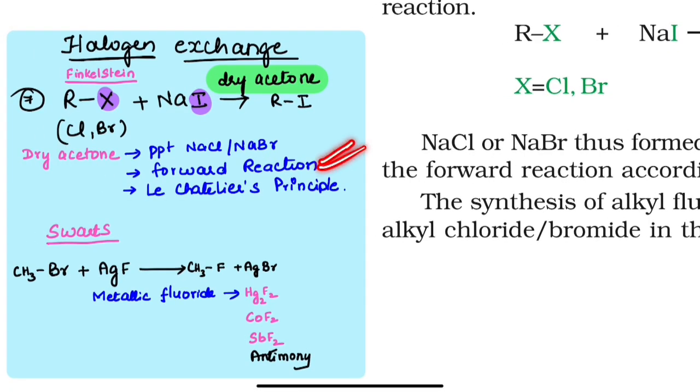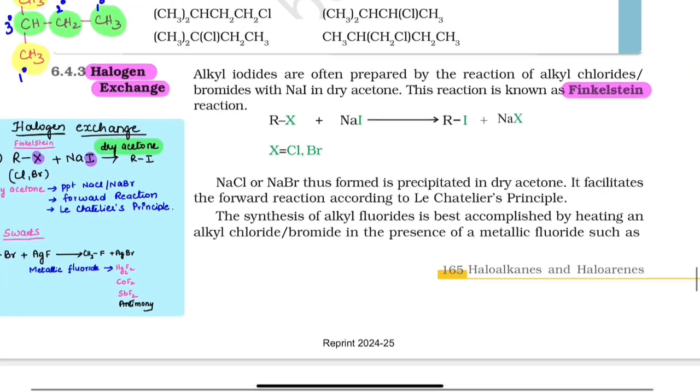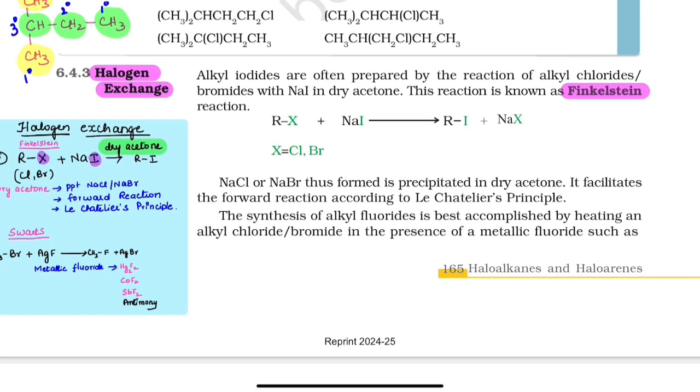Second, it helps the forward reaction according to Le Chatelier's principle. I have done a video on Le Chatelier's principle, so if you don't know it, go to the playlist and go through that video. Le Chatelier's principle says that whenever you decrease the concentration on one side, the reaction proceeds in the direction where the concentration decreases. Here, this is the reactant side and this is the product side.